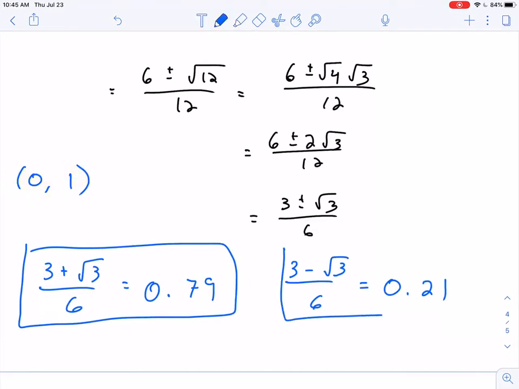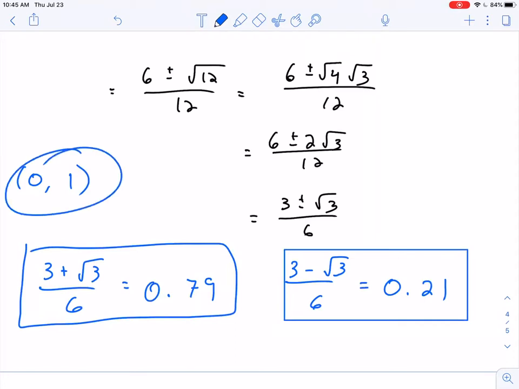So this is also a solution. If we had ended up with something that fell outside of this interval 0 to 1, then that would not be a part of my solution. I would just take the numbers that fall between 0 and 1.